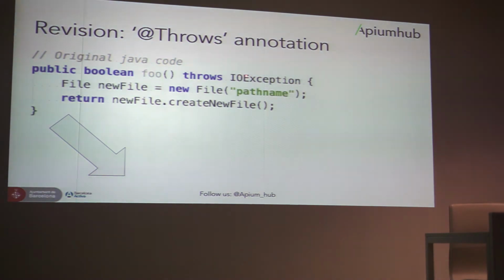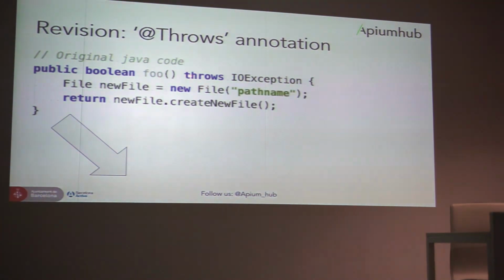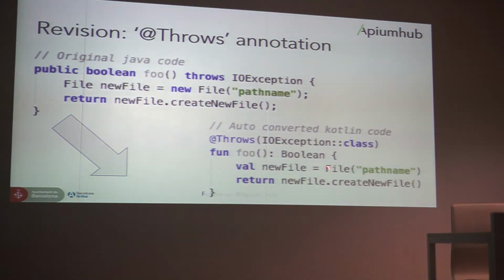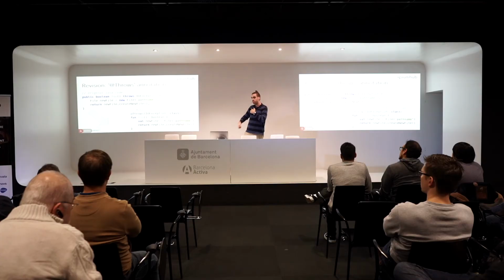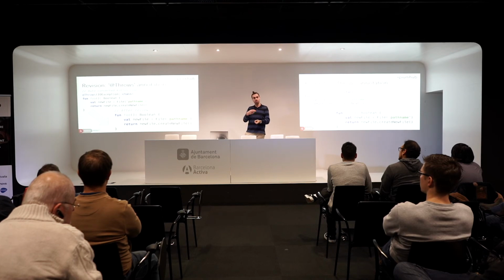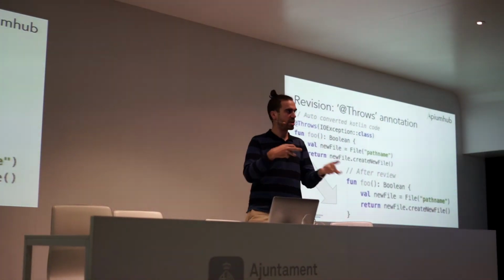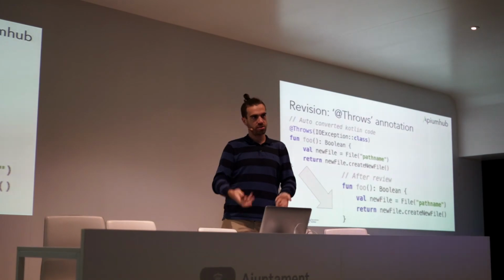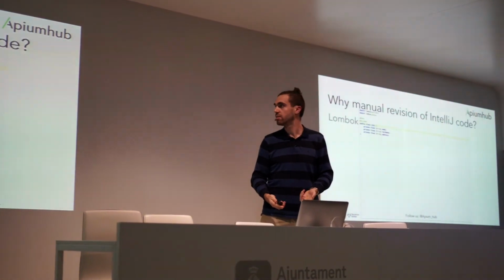The throws annotation, which is the conversion of this throws IOException, is automatically converted like this. Okay? But in so many cases, I don't need it. The throws annotation is added automatically for maximum safety in the migration. Whenever it's not necessary, I can delete it.